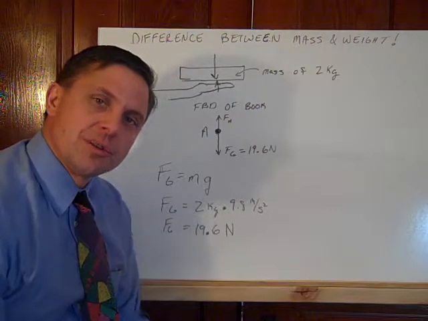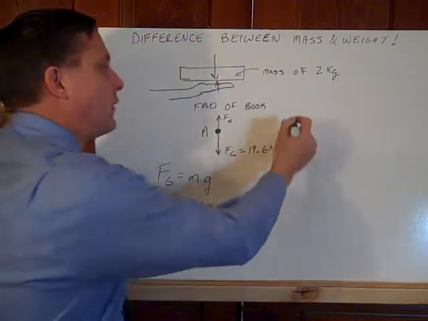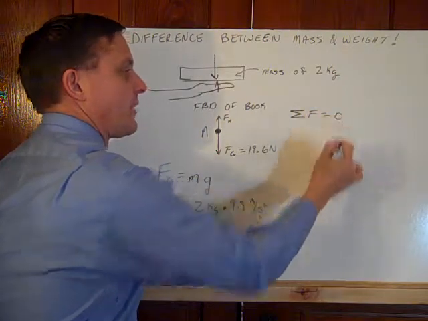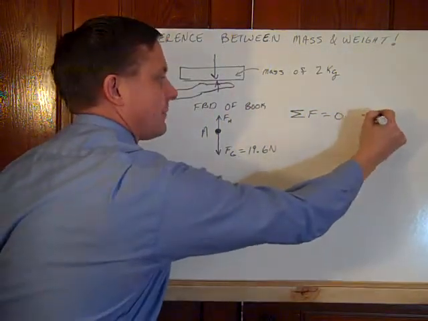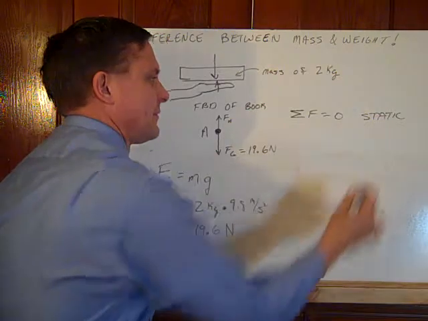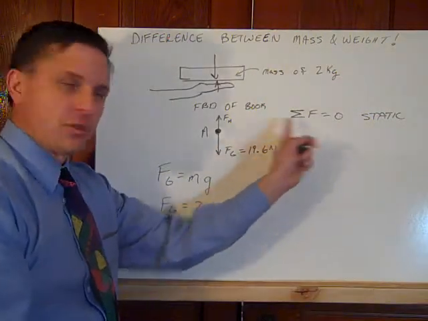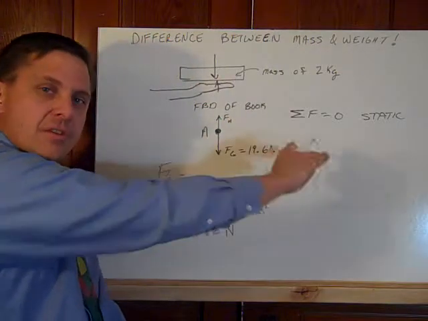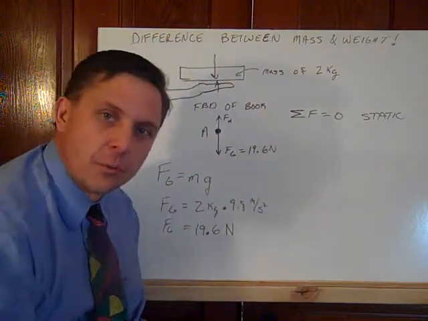Now, when I held the calculator, did it move? No. So I know the sum of all the forces has to be 0. It was a static condition. When I sum the forces at point A, they have to equal 0. When I look in the x direction and the y direction, first of all, in the x direction, there are no forces.